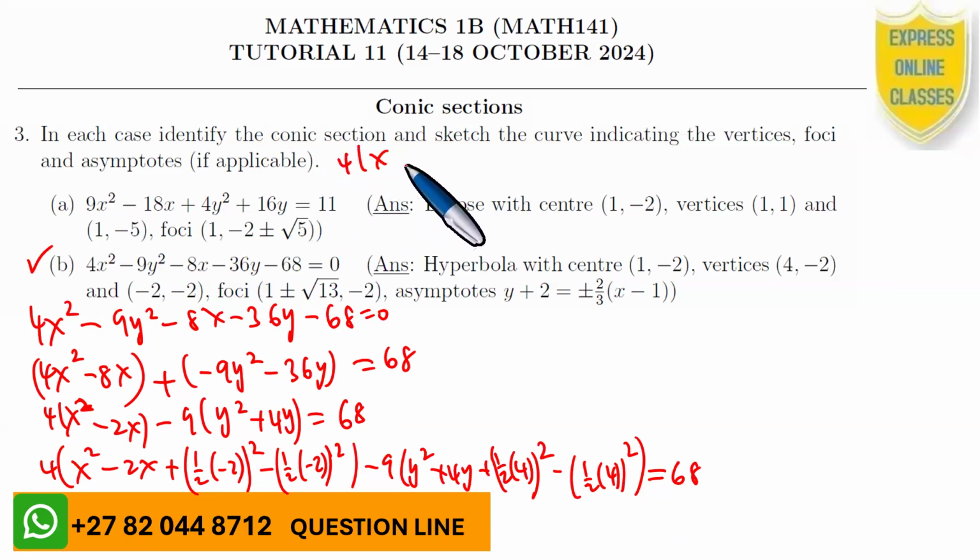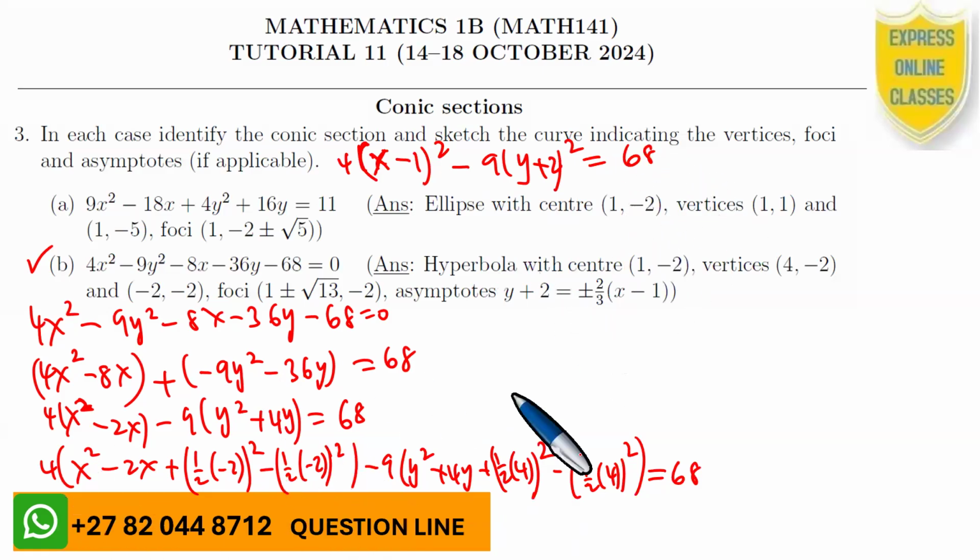Which is 4(x minus 1) squared minus 9(y plus 2) squared equal to 68.